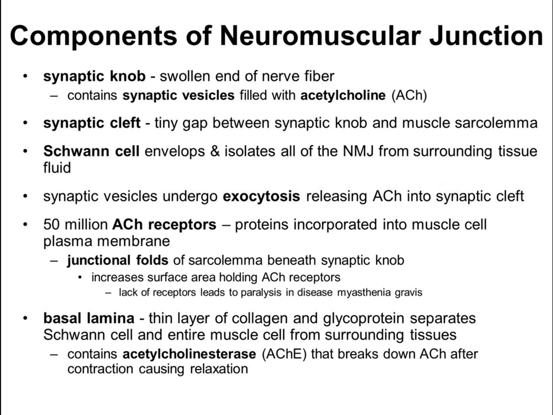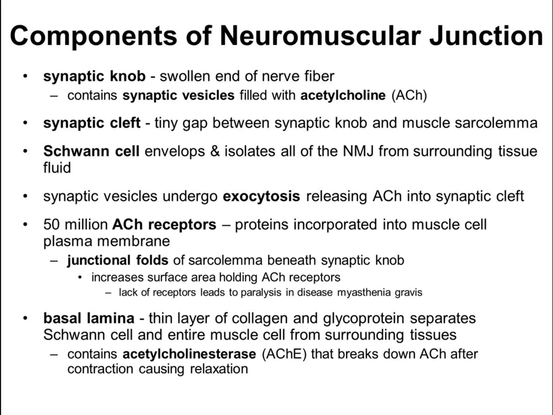There can be 50 million acetylcholine receptors. These are proteins incorporated into the plasma membrane of the muscle cell, that sarcolemma. So there can be 50 million.